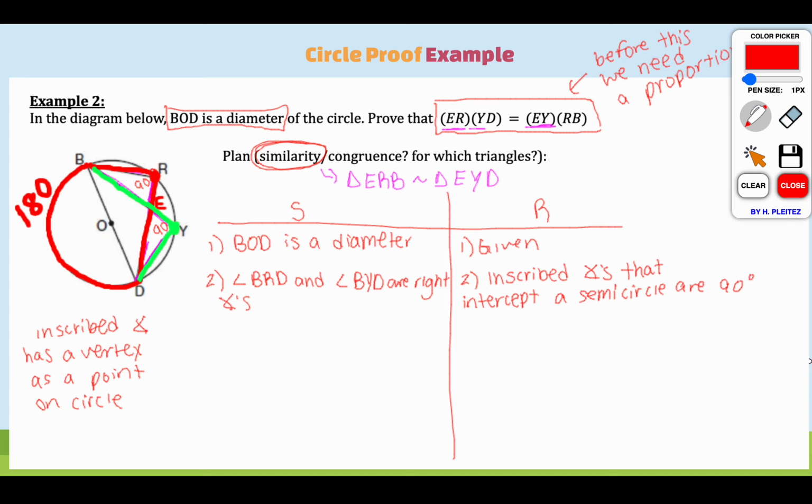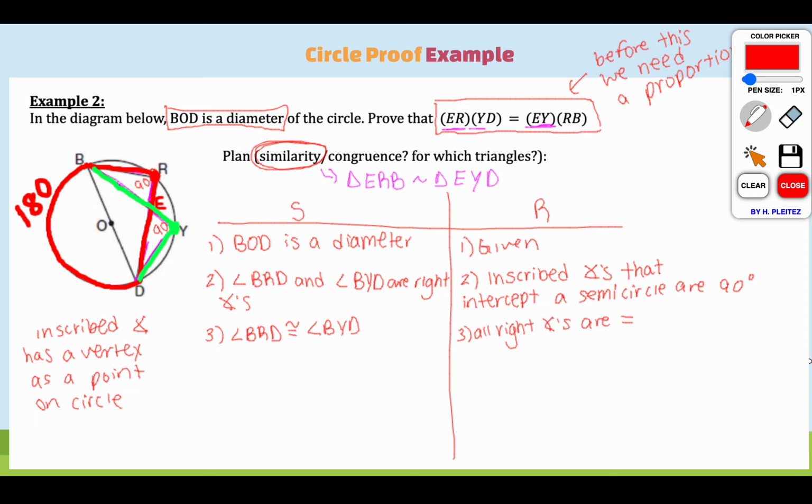And then after we state that two angles are right angles, you guys know that we need to say that they're congruent. So angle BRD is congruent to angle BYD because all right angles are congruent, right?